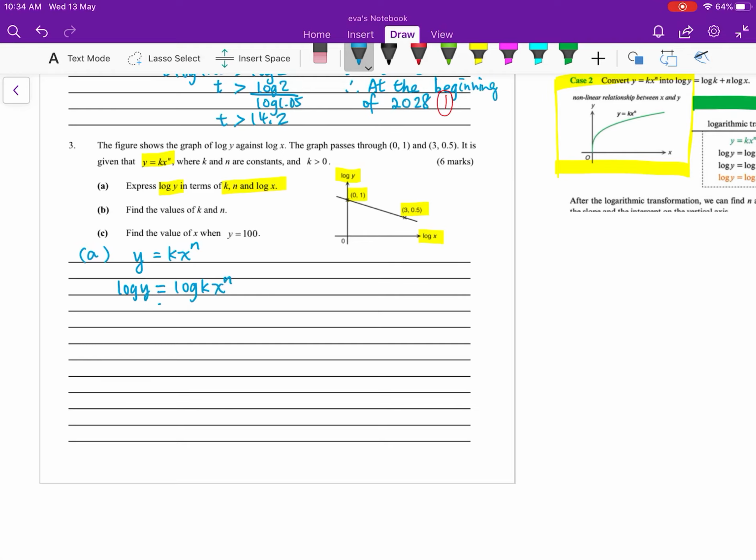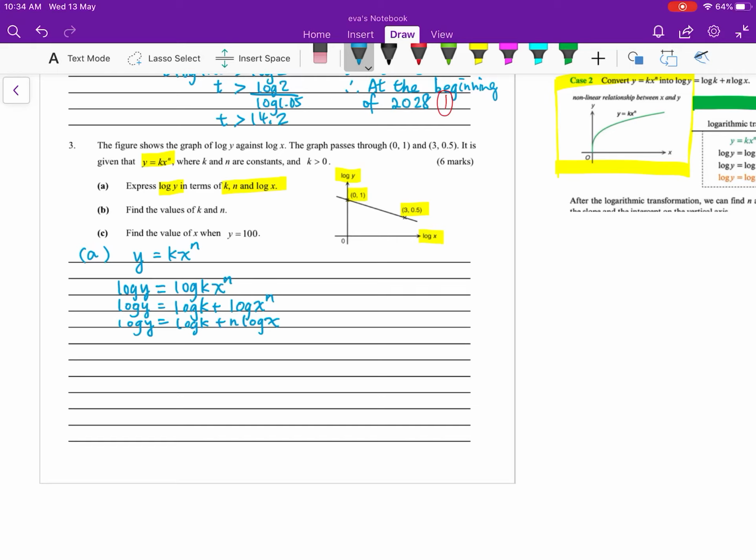On the right hand side, we can use the addition rule to separate them: log k plus log x^n. And then the power of n, we can move it to the front, so it equals n log x.